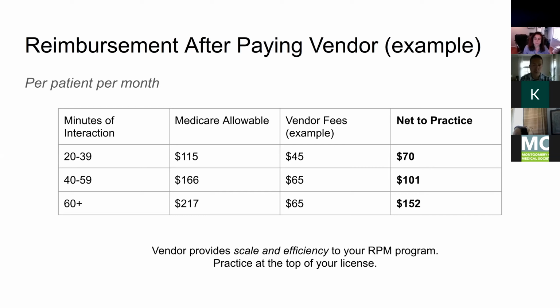And if you put 100 patients on, you're talking about $10,000 a month. Those sort of numbers for non-face-to-face work, much of which can be outsourced to a third-party company to assist you, is relatively new and actually unheard of for many, especially primary care practices.